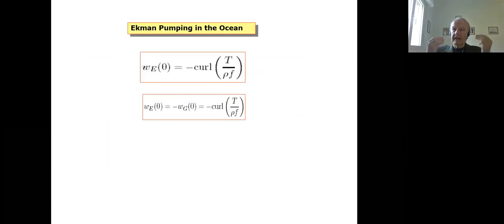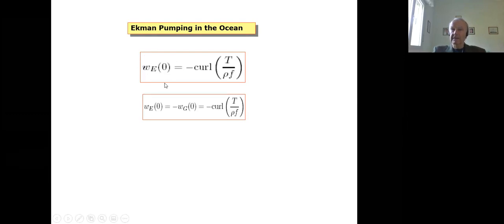So let's go back. This equation here, which is the equation of the Ekman pumping, you remember we were discussing this last lecture, essentially shows that if there is horizontal variability of the wind, which is the curl of the wind stress, so that means d/dx of the y component of the wind minus d/dy of the x component of the wind, is different than 0, in that case we have the vertical velocity.